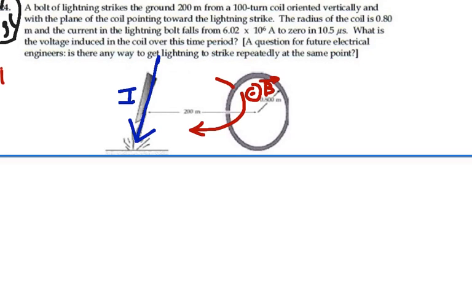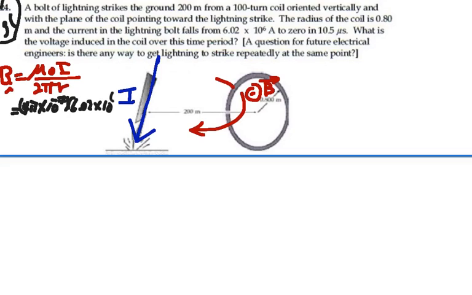That magnetic field is going to be equal to, at least initially, mu naught I over 2 pi r, and that's going to be 4 pi times 10 to the minus 7 for mu naught times the current, which is 6.02 times 10 to the 6 amps over 2 pi, and then the radius pretty much over that whole circle is going to be at a radius of 200 meters.